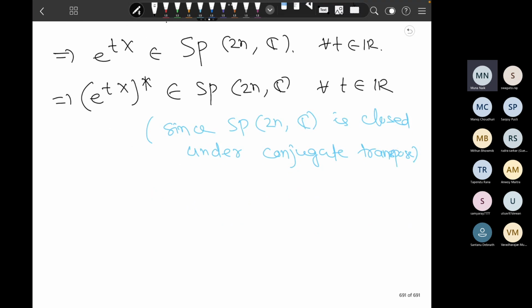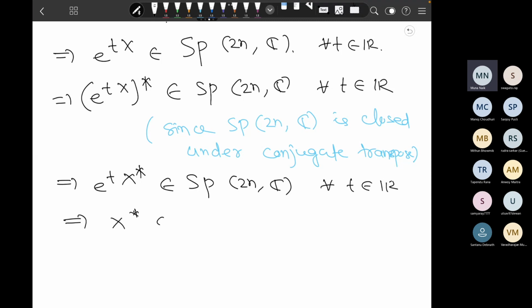So X star belongs to the small sp(2n,C) Lie algebra.